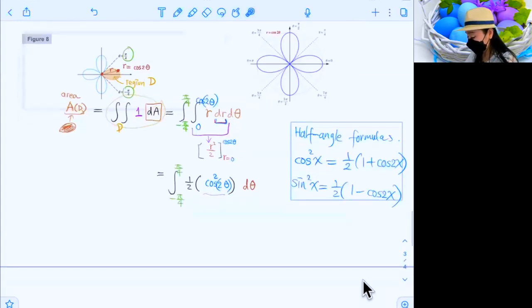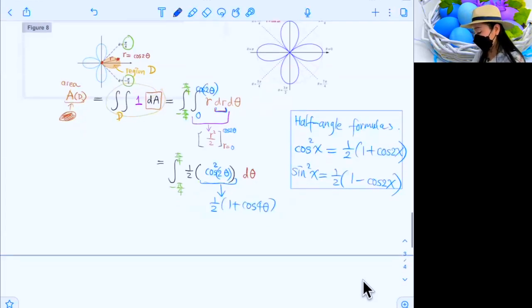So over here, when the exponent for cosine is even, we think about using the half angle formula. Using it, this one becomes 1/2 of 1 plus cosine of what? 4 theta, right? Now you can find the antiderivative. 1/2 times 1/2 is 1/4. The antiderivative of 1 is theta.